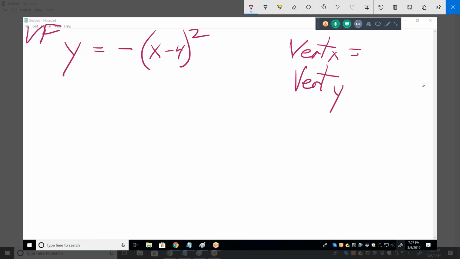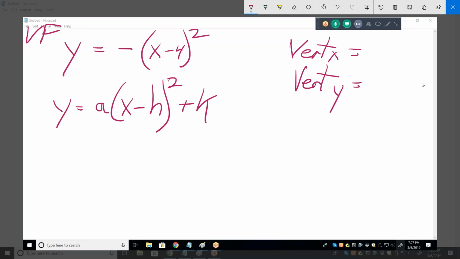Wouldn't it be negative 4, positive 4? Remember what the standard is. Y equals a times x minus h plus k. It's always minus. It's never plus. So if I'm looking at this, translate.